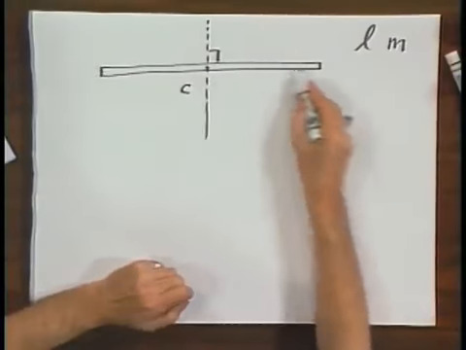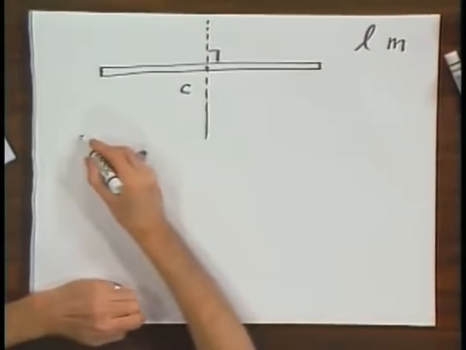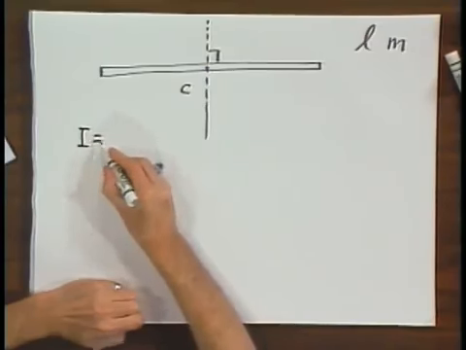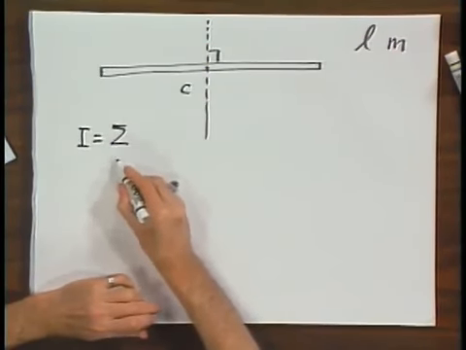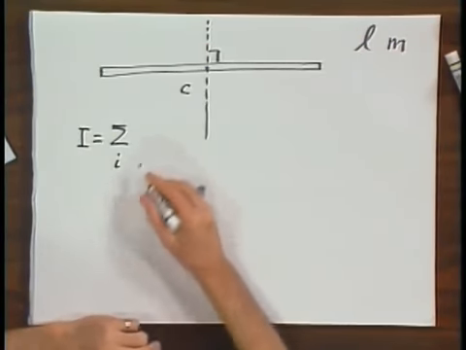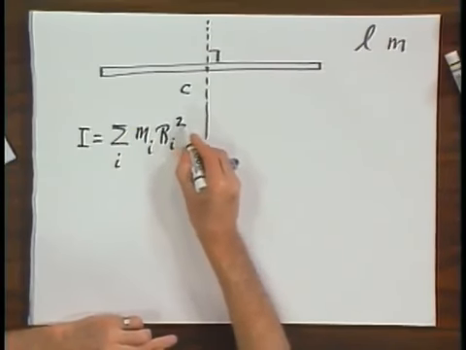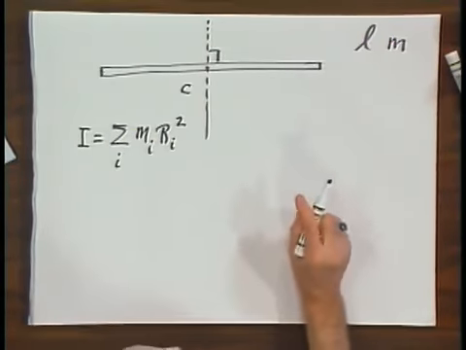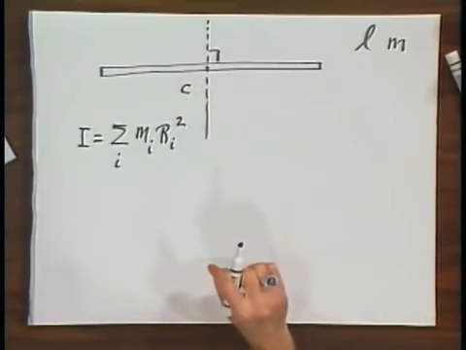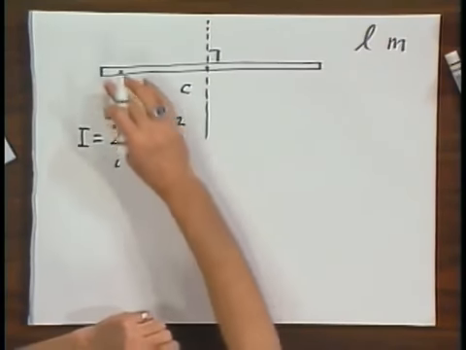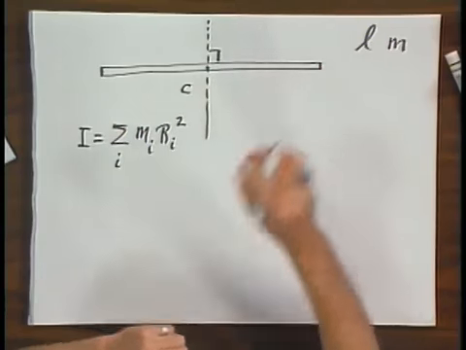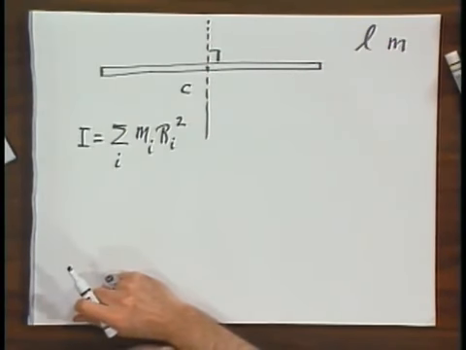Now, we have continuous mass distribution, so the moment of inertia, as we defined it, the sum over all mass elements of m_i R_i squared, now obviously has to be changed into an integral. We have to integrate over this whole rod.